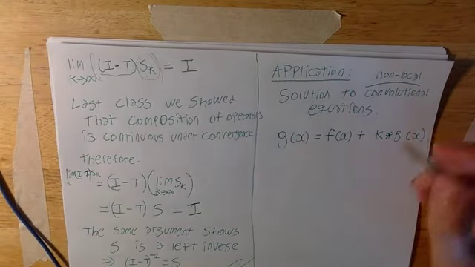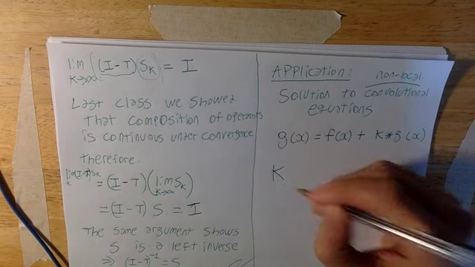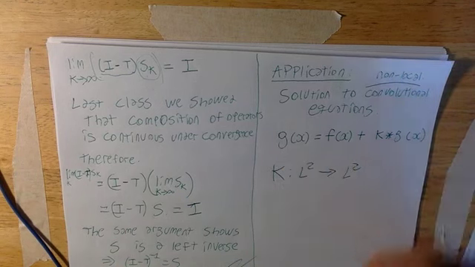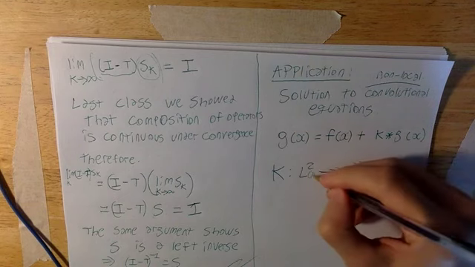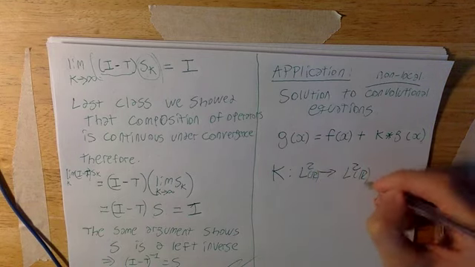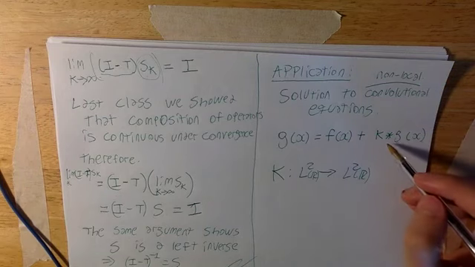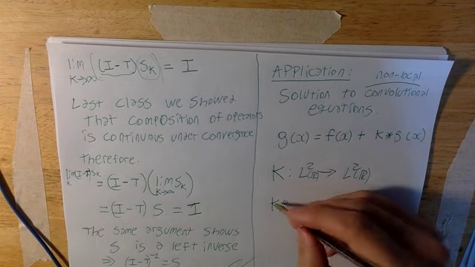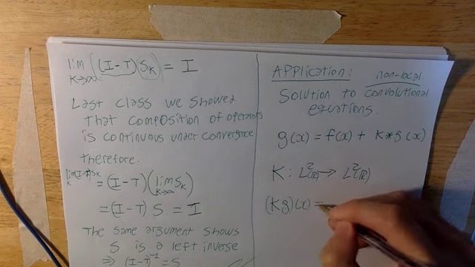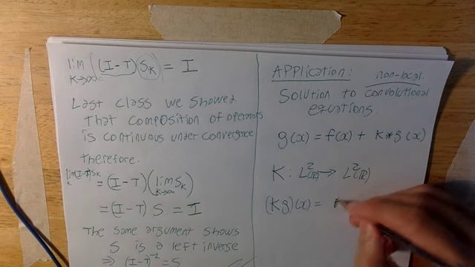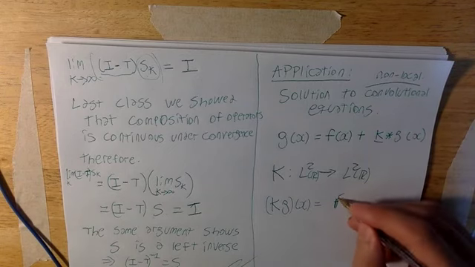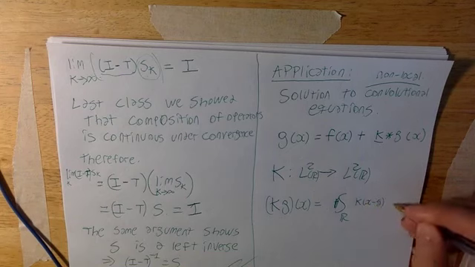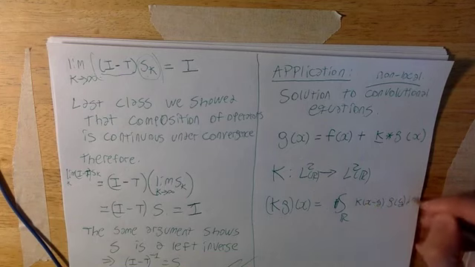Okay, so now we have an operator which we're going to call capital K that is going from L2 to L2, and here we'll just consider L2 of R. So we have this operator K such that Kg at x is just given by the convolution of this little k, so this is going to be the integral over R of k of x minus y, g of y, dy.